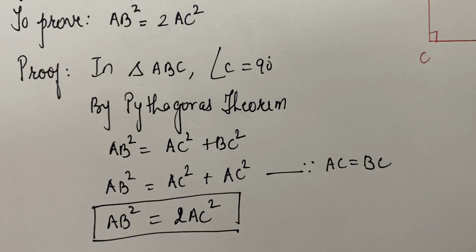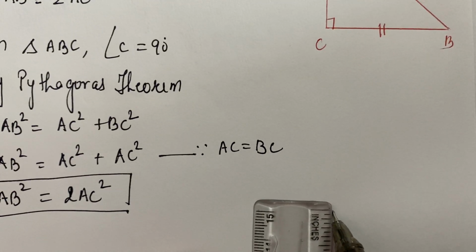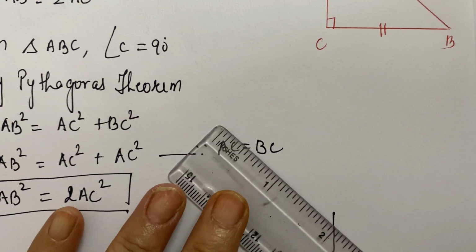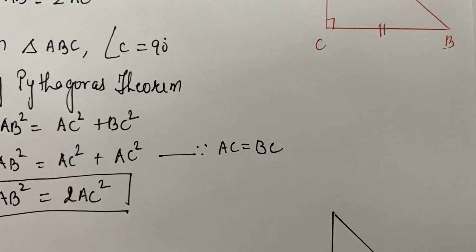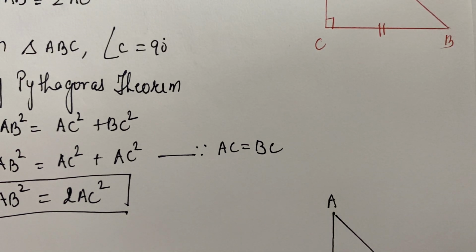Same way, these two sides are equal. AC is equal to BC. So here is your A, B, C. And you are also given that AB square is twice AC square.